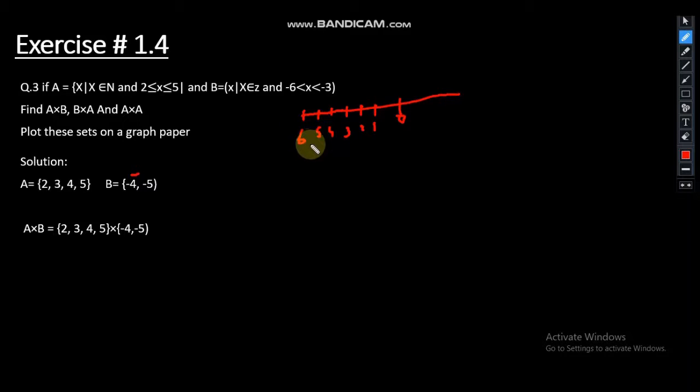So the value of x lies between these two values, -6 and -3. We cannot write -6 and -3 themselves, so we write -4 and -5 on the negative x-axis.